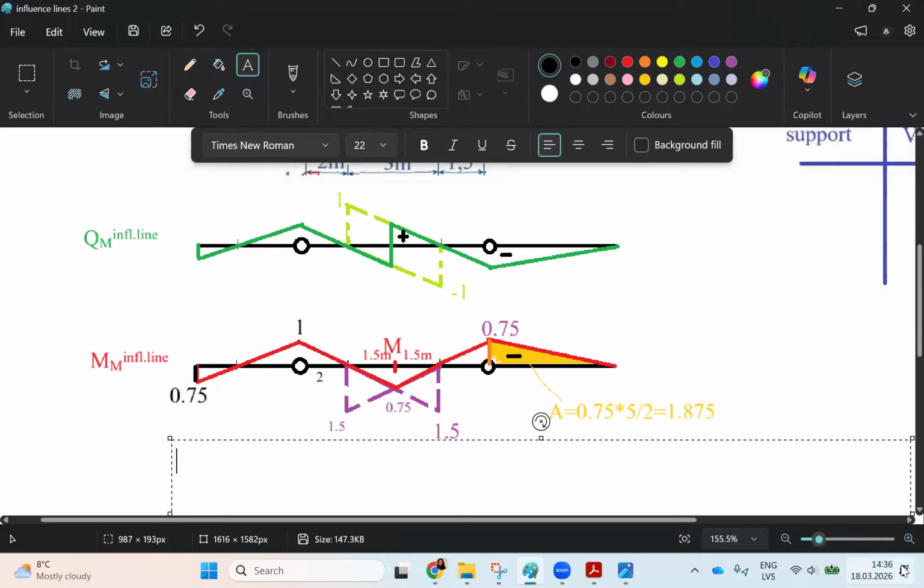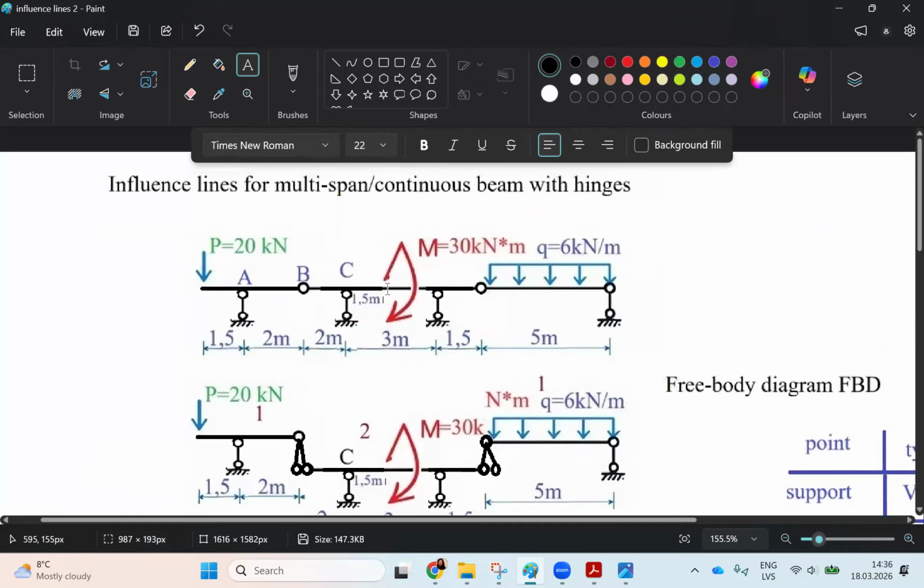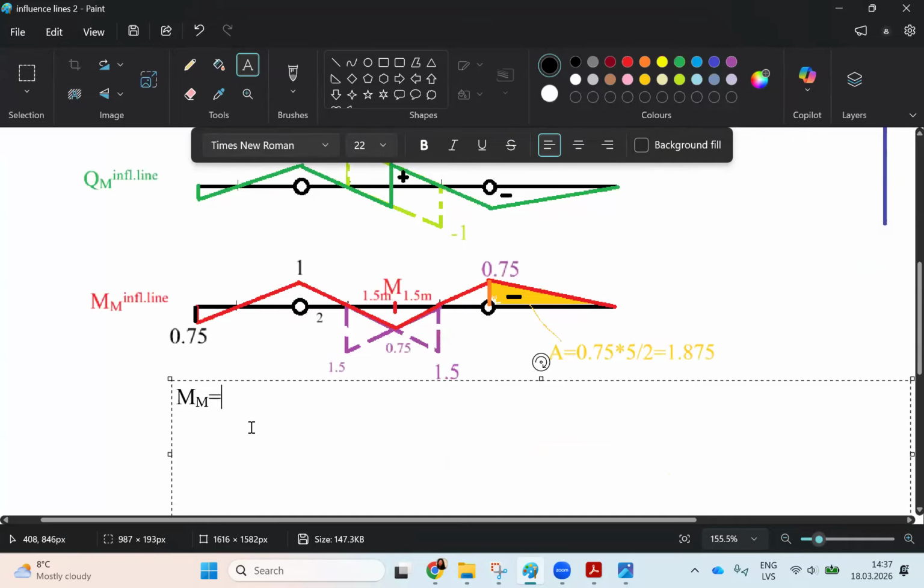And we can calculate the value of M at the point M. But that's actually a special significant point, because there are two values of moment. There will be a jump of 30. To verify the results, they should be plus 1125 and minus 1875. How can we get them? We find one from the left side and one from the right side.